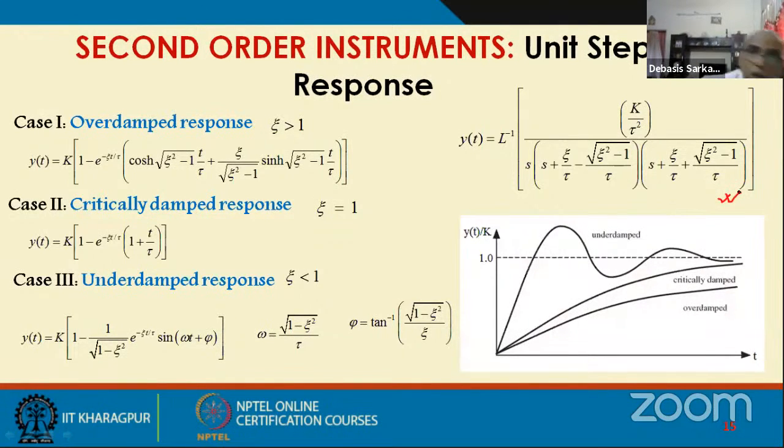The solution, which is this output, depends on the numerical value of the damping factor or damping coefficient zeta. Note that zeta can have three different types of values: zeta may be equal to 1, zeta may be greater than 1, and zeta may be less than 1.